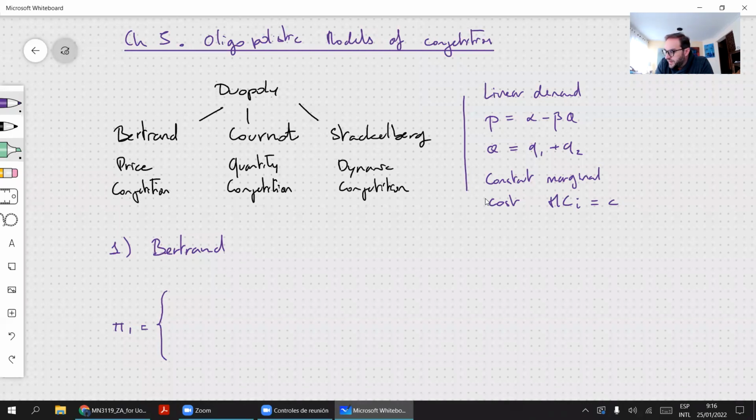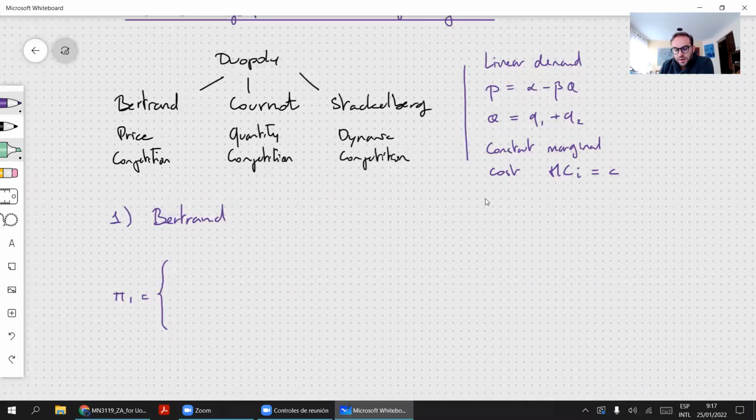And if this is the case, we can put that the Bertrand profits are the following. It is the price of the market minus the marginal cost. So this is the profit per unit produced times the quantity produced by the firm. So I'm putting firm 1 here.